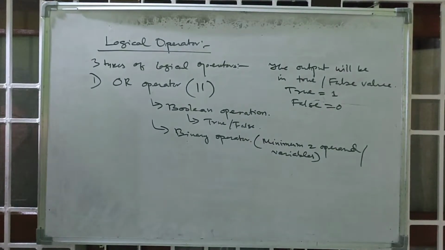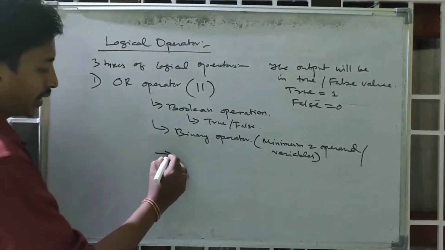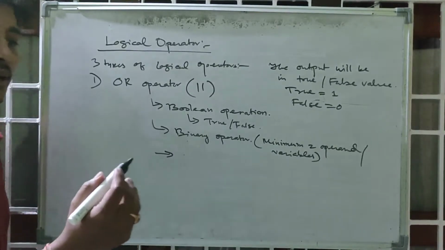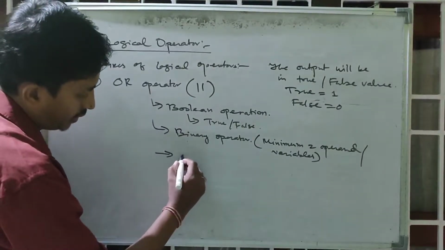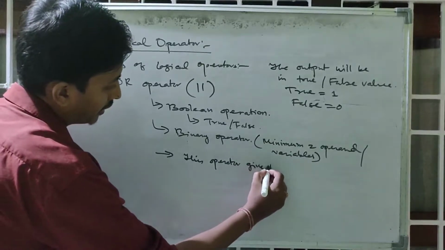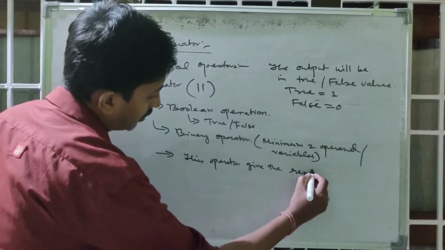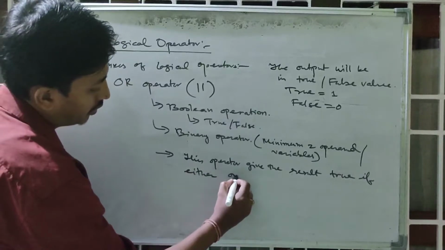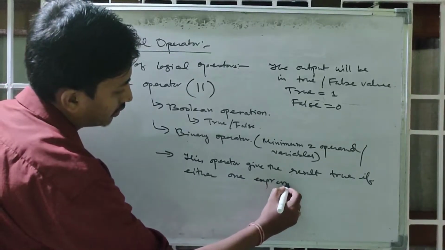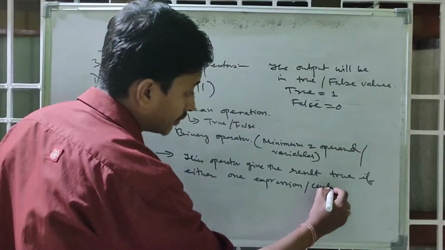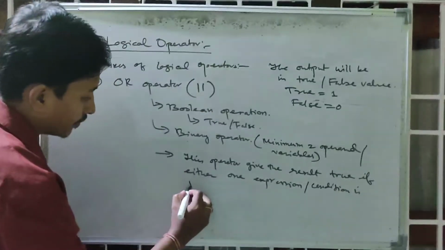Next, this operation results in true if one of the two operands is true. Means this OR operator gives the result true if either one expression, or you can say condition, is true.